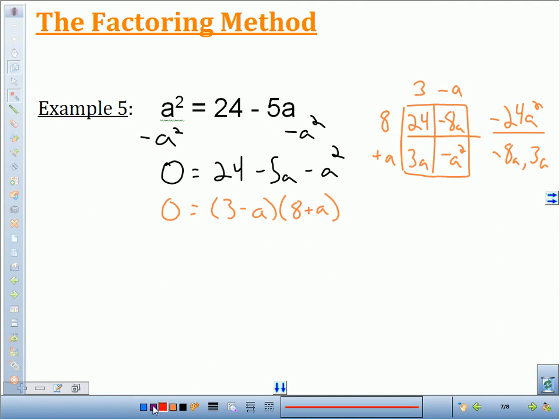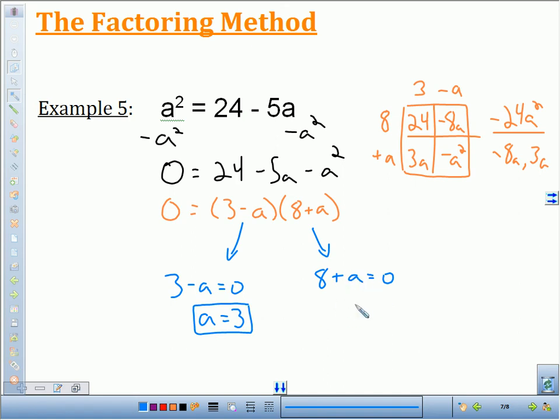And of course, according to the zero product property, either 3 minus a equals 0 or 8 plus a equals 0. If 3 minus a equals 0, then a equals 3. I'm going to skip the solving of that. If you're not sure how it works, give it a shot.